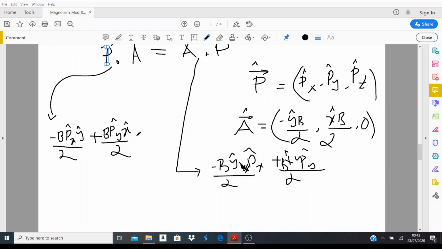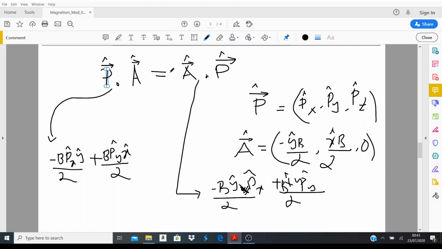You remember in the discussion of commutation, I said px doesn't commute with x, but px commutes with y. So it doesn't matter whether you write pxy or ypx; these two quantities are the same. Here you have pyx, and py and x commute with each other, so you can write xpy. Indeed, in this product, it really doesn't matter whether you put p dot a or a dot p.